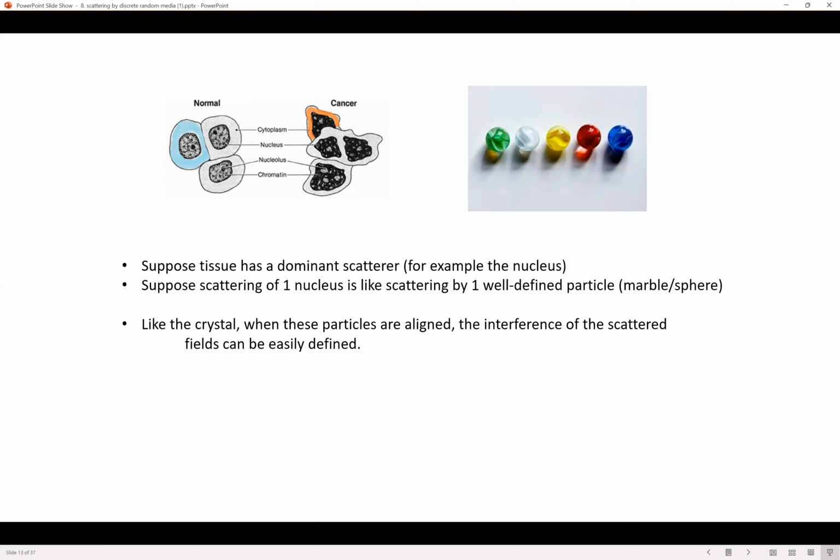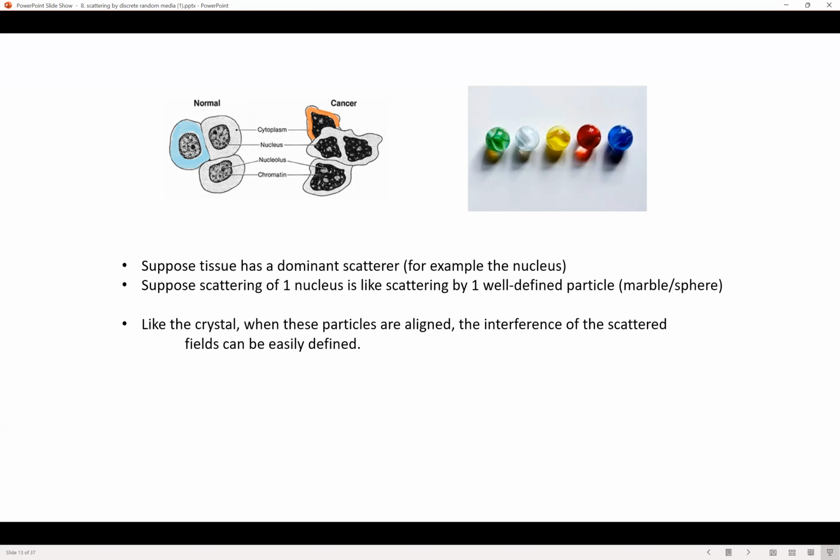Now, suppose, think of tissue, as in the cartoon here, a tissue that can be healthy or malignant, so changed in structure. But let's assume now that it has only one dominant scattering center, so only one dominant way of scattering light.